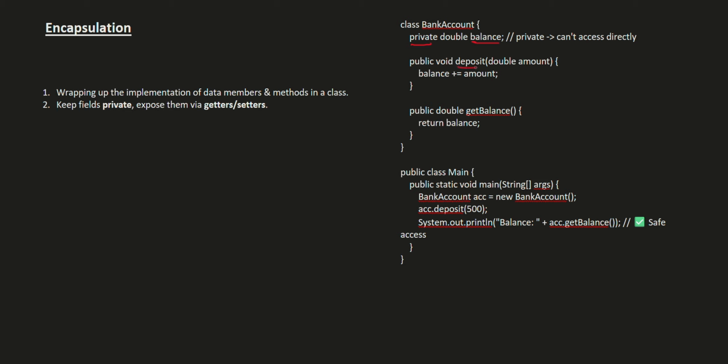Here the setter is deposit and the getter is getBalance. The balance can be updated using the setter method deposit, and the balance can be obtained using the getter method getBalance. So it keeps fields private and exposes them via getters and setters.